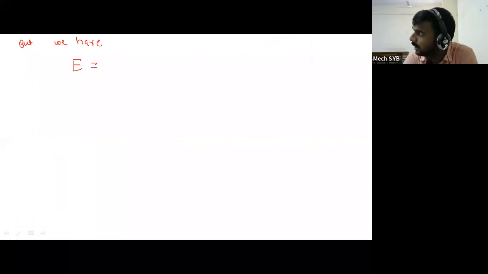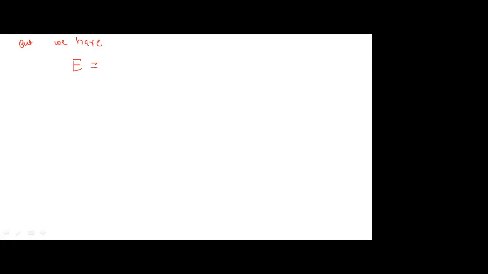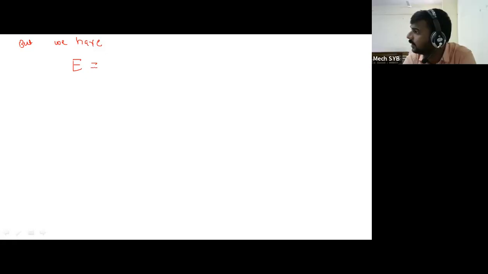This is one elastic constant, E, G, K. Total 3 elastic constants are there, and for all the 3 elastic constants, one common definition is there. What is the definition for the elastic constant? Stress upon strain. Stress upon strain, correct. For all the elastic constants, stress upon strain is the common definition.